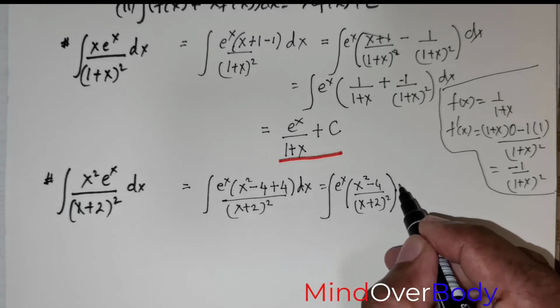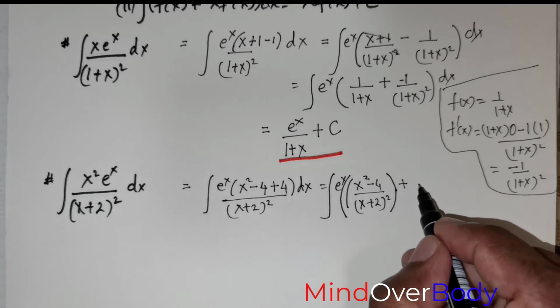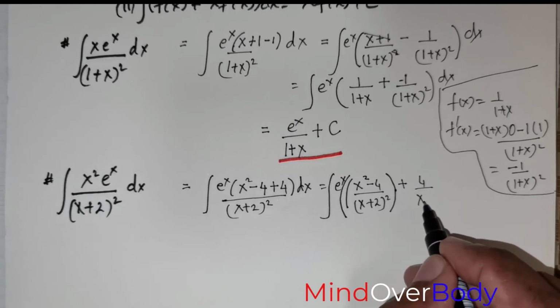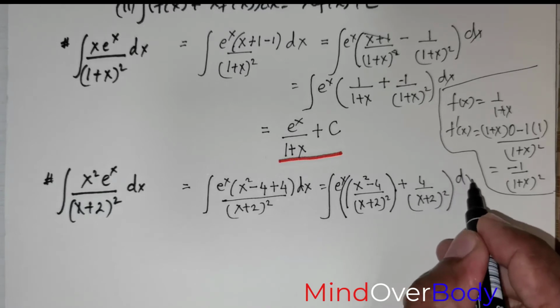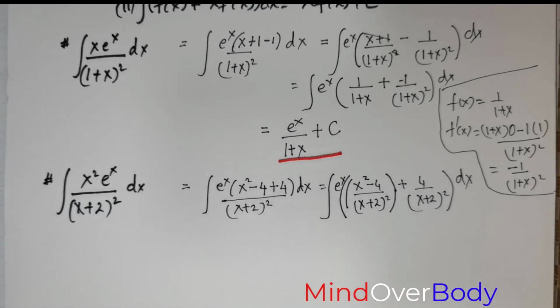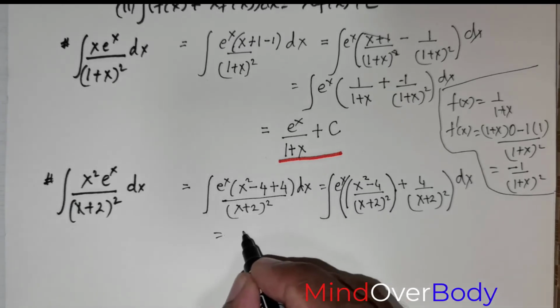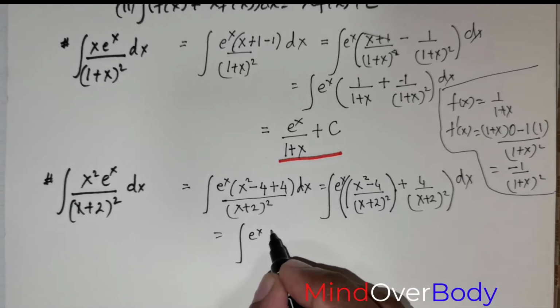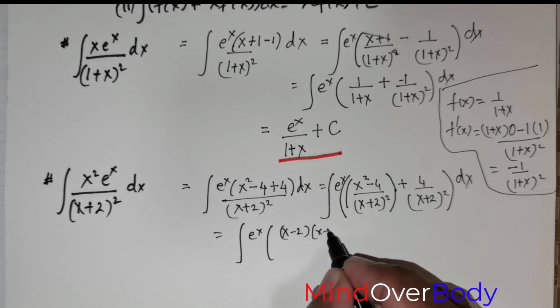So this is followed by plus, in fact I will place one more parenthesis, 4 over (x plus 2) raised to the power of 2. So this is my second term followed by the differential operator. Now x squared minus 4 can be rewritten as (x minus 2) times (x plus 2).